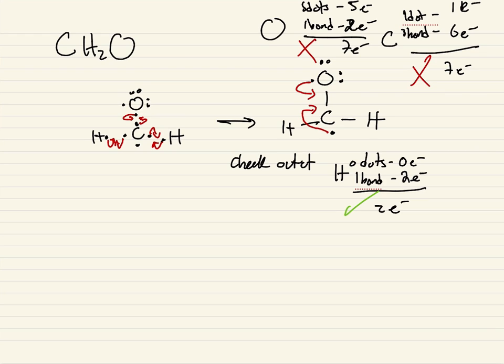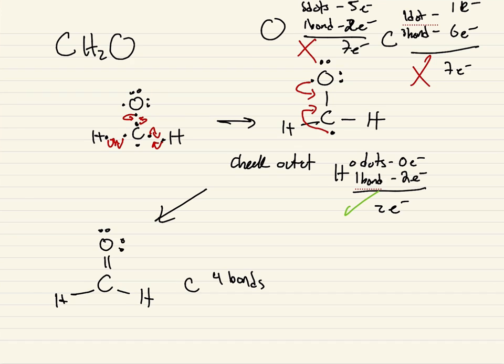Hydrogen we're not going to do anything with right now because we see hydrogen is okay where it is. All right, so we do that. We get something that looks like oxygen and the 2 hydrogens right there. So now let's check the octet rule again. For carbon, how many bonds do we have?